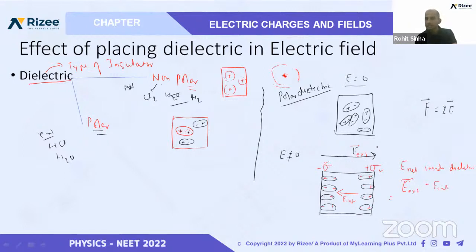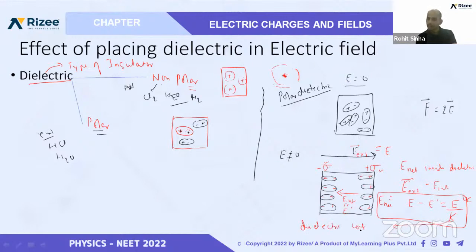If E external is E, and E internal we say as E dash, then E minus E dash, when we calculate it, comes equal to E by some constant K. Remember, this is the net electric field formula. The net electric field is external minus internal, and it is equal to E by some constant K, and this constant K is called the dielectric constant.